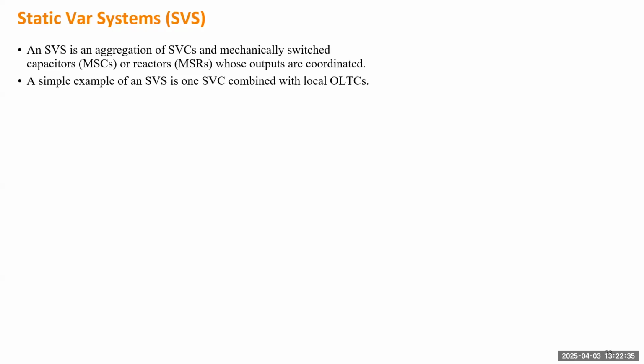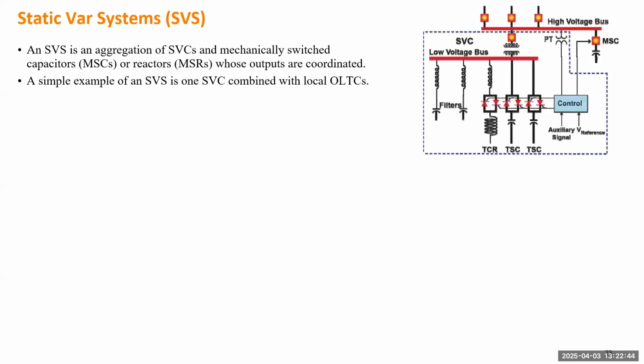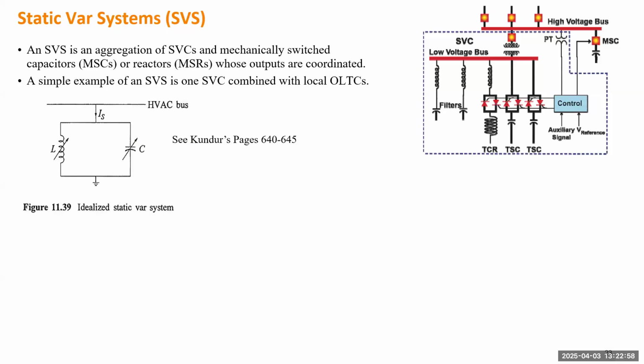One example is if you combine an SVC with an unload tap changing transformer, you can make this design. This is still pretty much based on SVC. You can make it a more complex design, because this transformer can also adjust the tap positions.